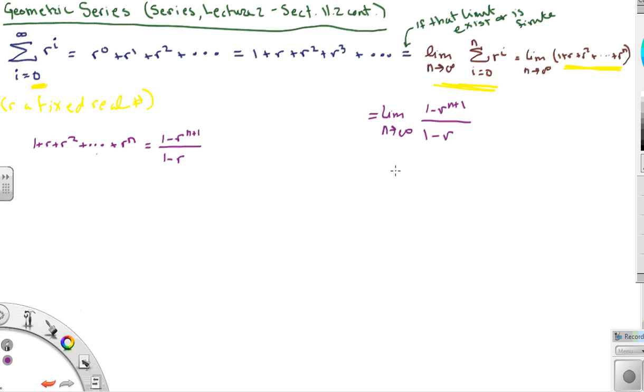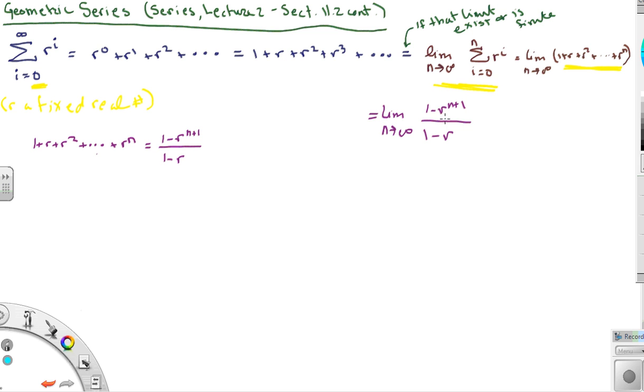What's that limit equal? Well, it depends on what r is. Let's look at this. If r is equal to, say, 1/2, which is what we did before, 1/2 to the n plus 1 goes to what? It's going to go to 0. If r is equal to negative 1/2, as I take higher and higher powers, I'm bouncing back and forth between positive and negative, because negative 1/2 to an even power is going to be positive, to an odd power is going to be negative, but the absolute value of it is getting closer and closer to 0, so it's getting closer and closer to 0.